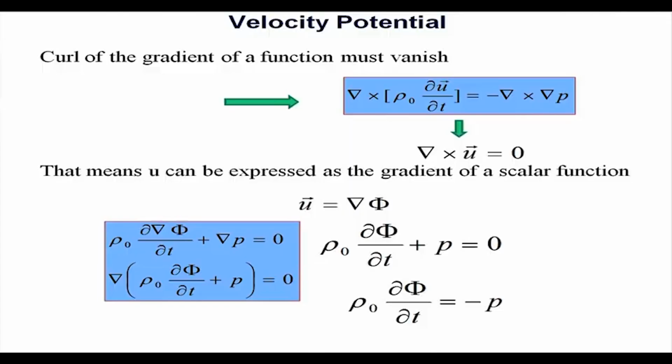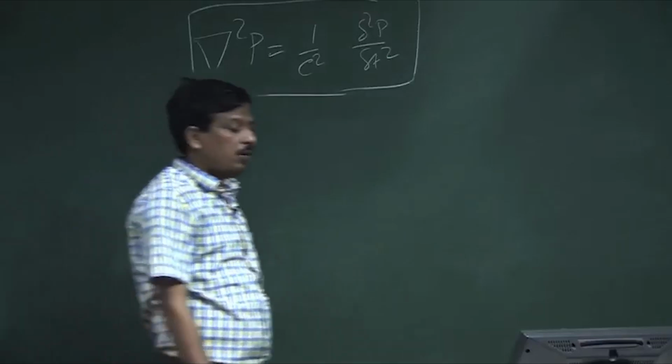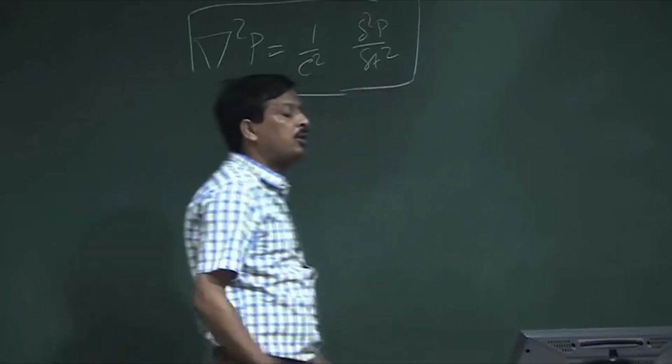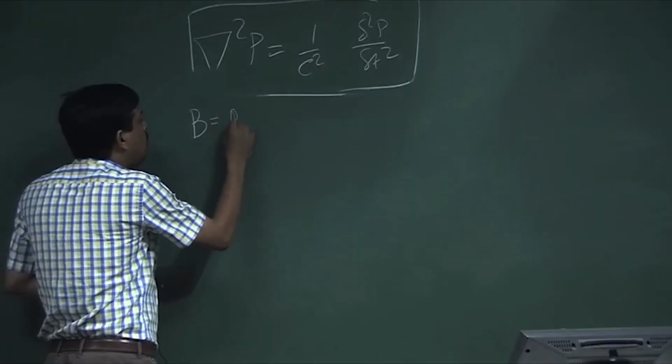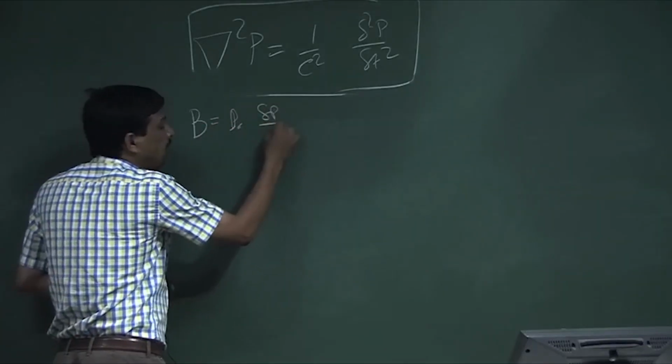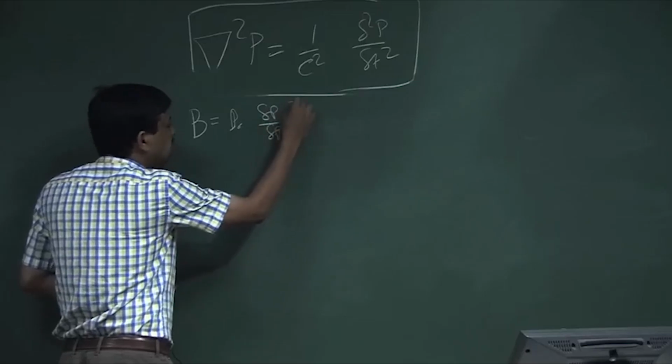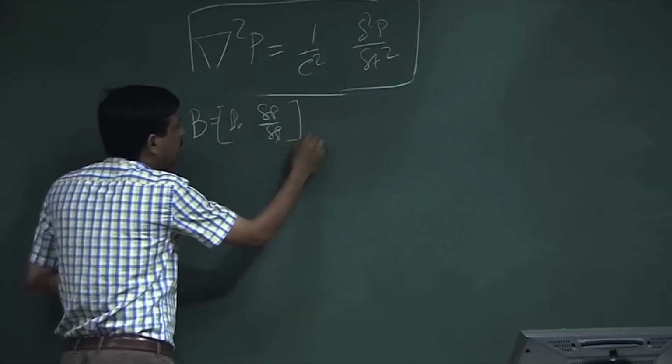Now, what is c? The velocity of sound, how does it depend on temperature? How is the velocity of sound dependent? I say the bulk modulus B is equal to rho 0 del P by del rho at rho 0.